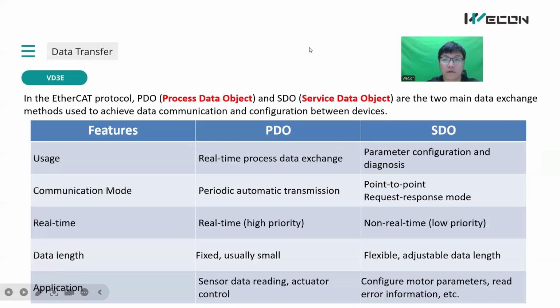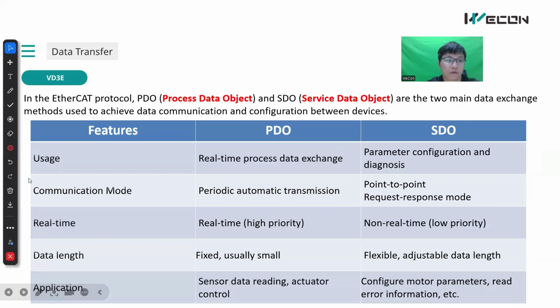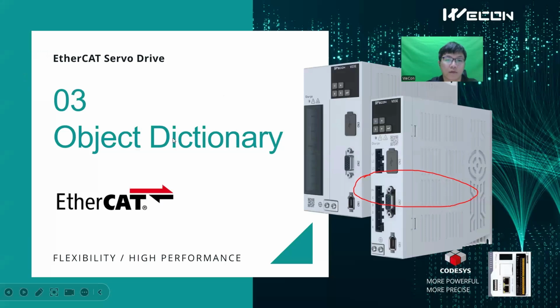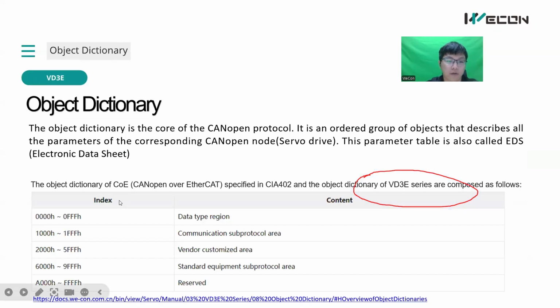Here I have said, for example, if you want to use an SDO instruction to read or write some parameter, we need to know the address of the parameter. So the object dictionary, you can understand it as a table about the parameters.